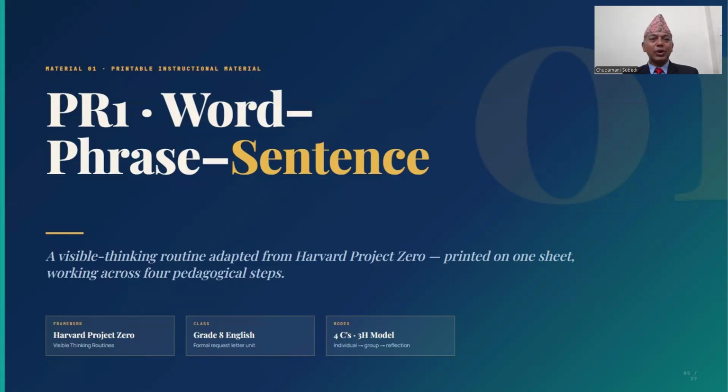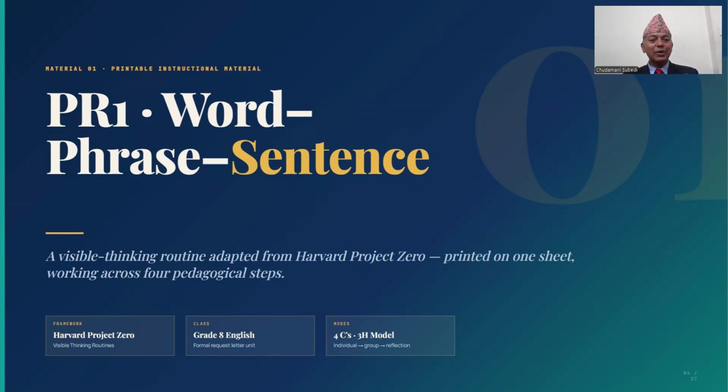PR1, the word phrase sentence. A visible thinking routine adapted from Harvard Project Zero, printed on one sheet, working across 4 pedagogical steps.